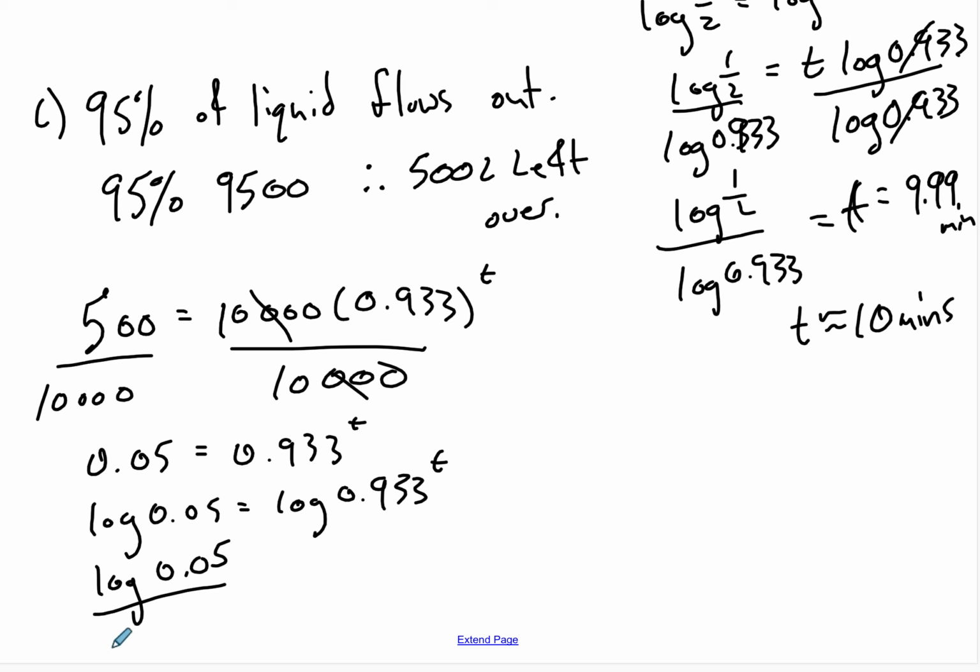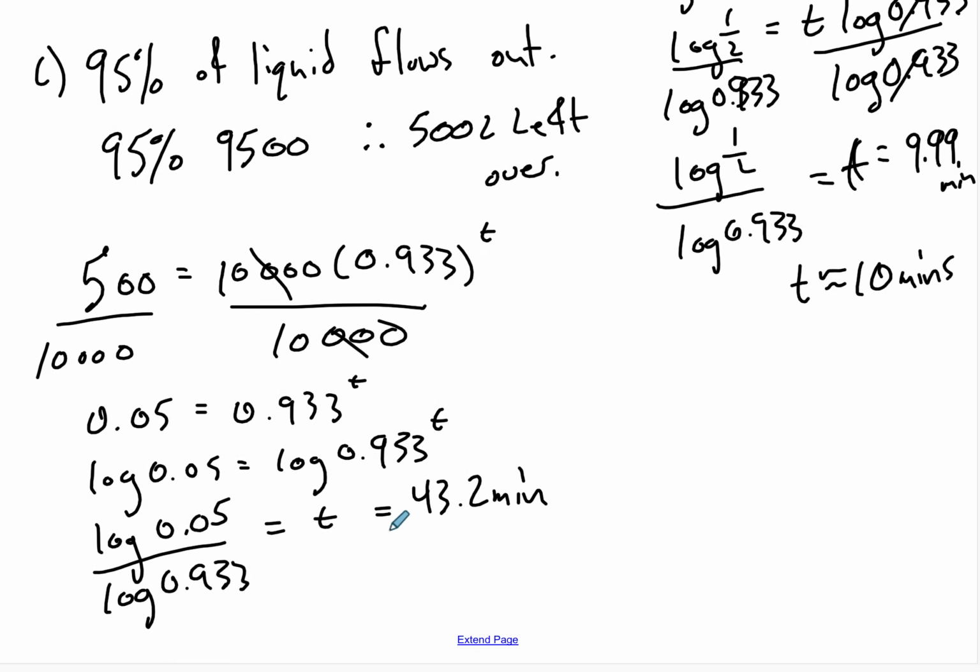So t is equal to log of 0.05 divided by log of 0.933, which is approximately 43.2 minutes. So you can see that it takes about 45 minutes for this all to pour out, and that's what the initial question was asking us to show. In doing all of this work, you showed that it took almost 43 minutes.